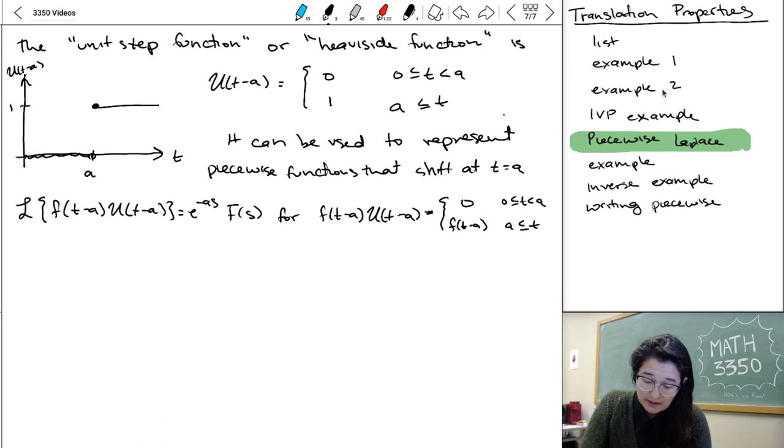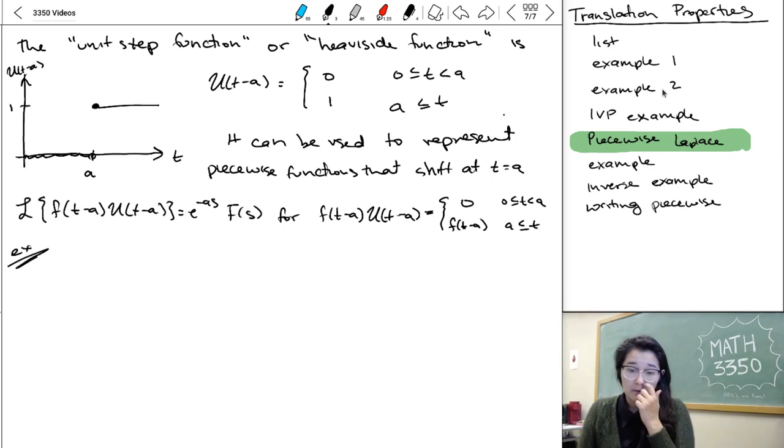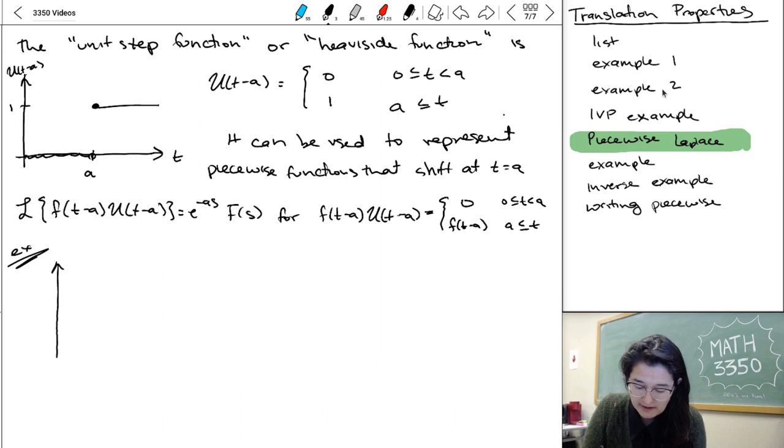So for example, what this is going to look like as a function is, suppose I had the piecewise function f that is 0, and then takes on value e to 3t.